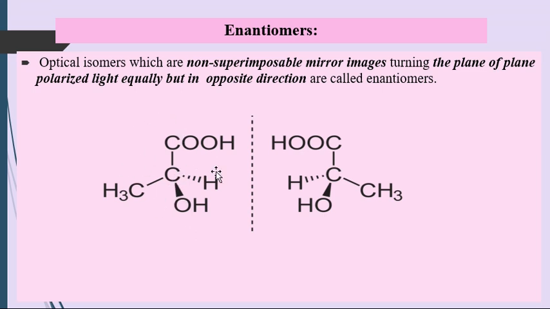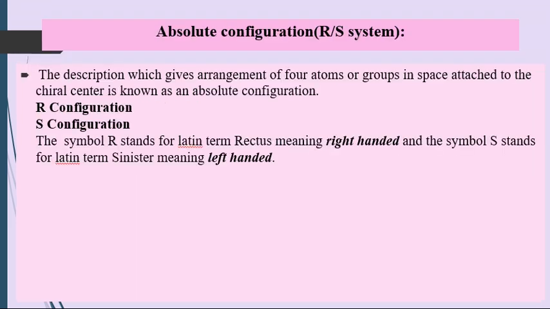Suppose this isomer rotates by 30 degrees to the right hand side, then this molecule rotates by 30 degrees but in an anti-clockwise manner. Therefore, enantiomers are the optical isomers which are non-superimposable mirror images turning the plane of plane polarized light equally but in opposite direction.